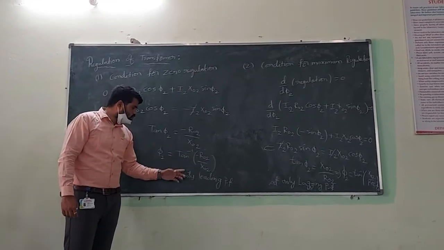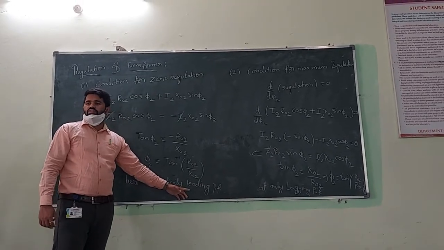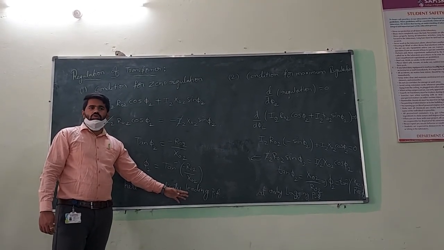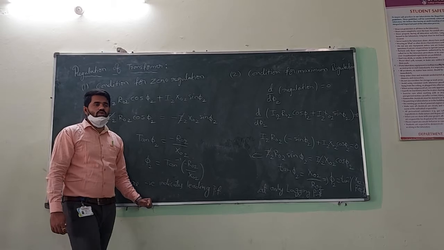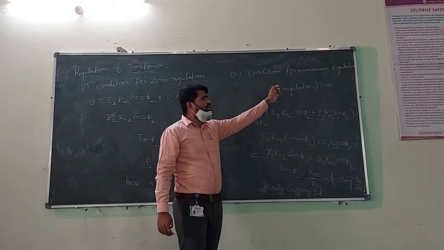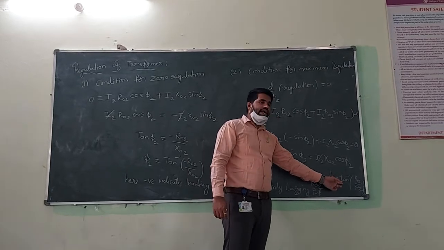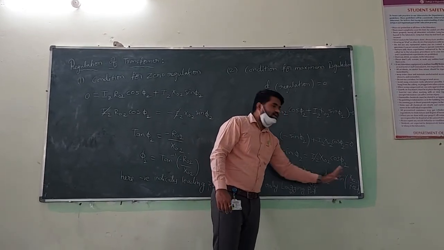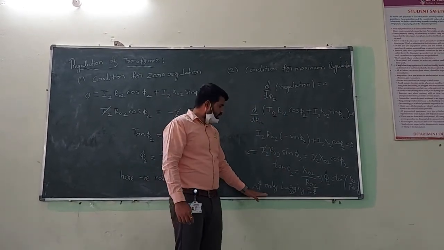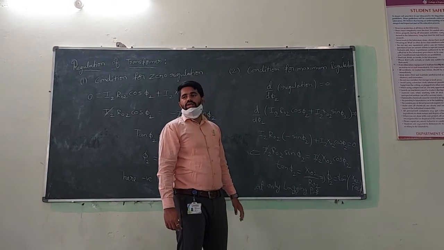It will occur only for a leading power factor. If you connect a leading, capacitive load, then only you will get voltage regulation 0. The second condition is for maximum regulation: phi 2 is equal to tan inverse of X02 by R02. It will occur only in the case of lagging power factor.